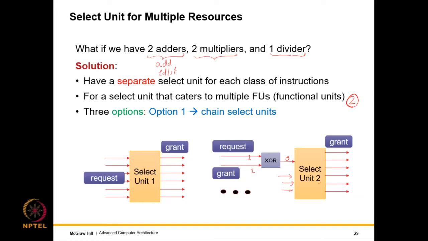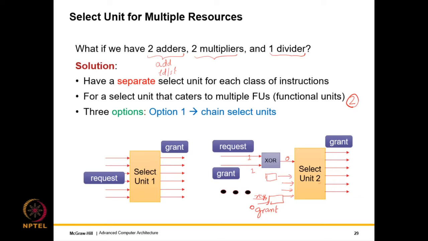But for all the other inputs, there are many other inputs, and I'm not showing them. All of these inputs are pretty much connected to other XOR units. For each one of those, we'll have a request line, and a grant line which is coming from the previous select unit. So in this case, the grant line for only one of them will be 1, for the rest will be 0.